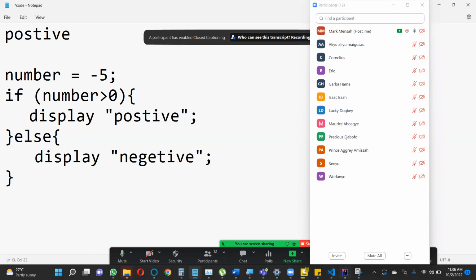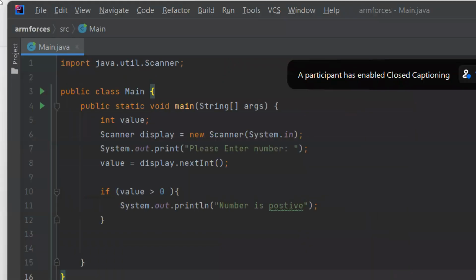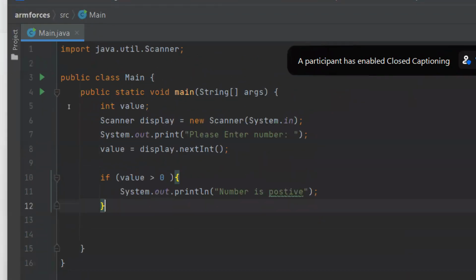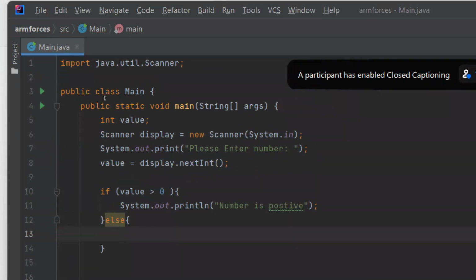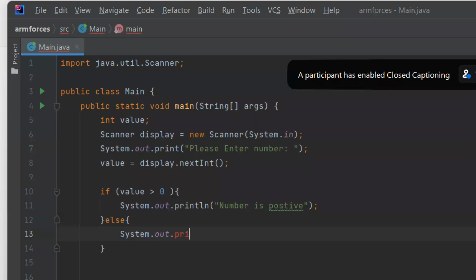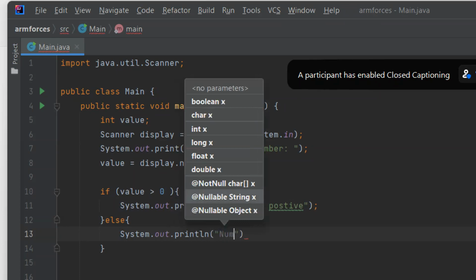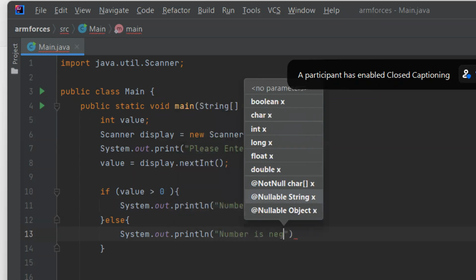That means that in my code here, if I add the else statement here, I can easily tell any user that System.out.println, into brackets, number is negative.